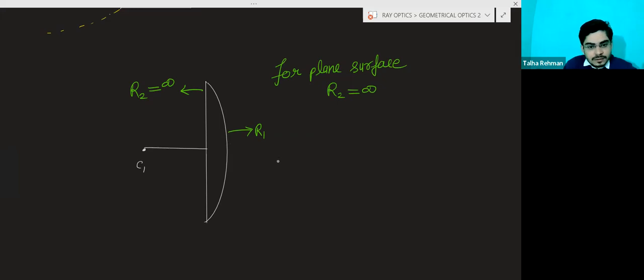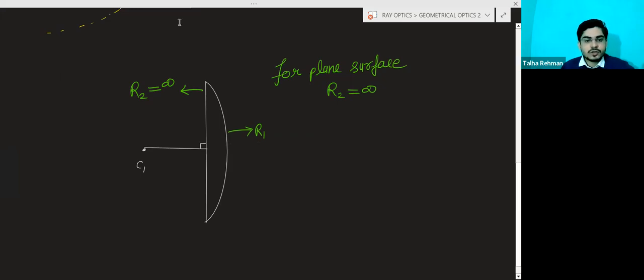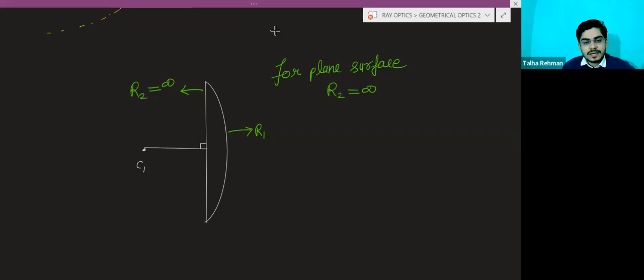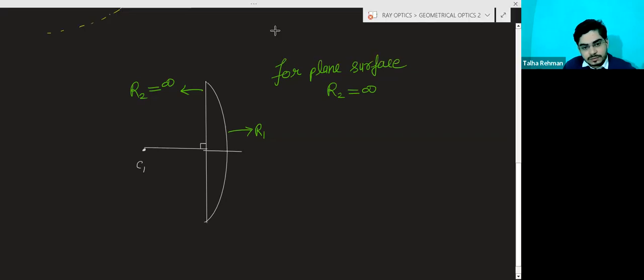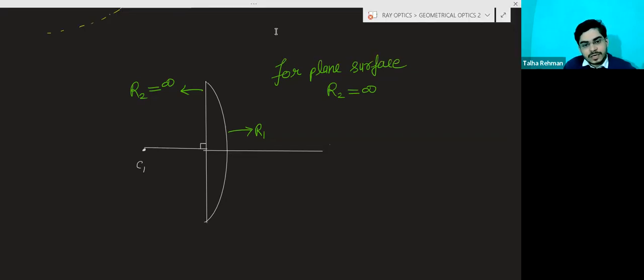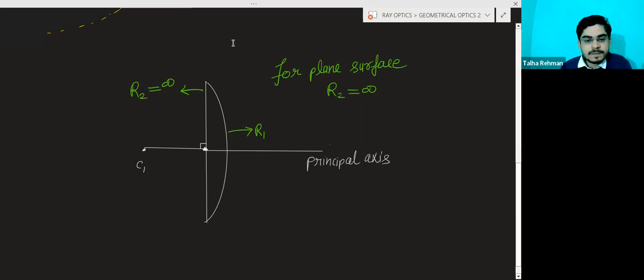This angle should be 90°, and you will extend that line and you will get the principal axis. So basically this will be the principal axis for this type of surface.